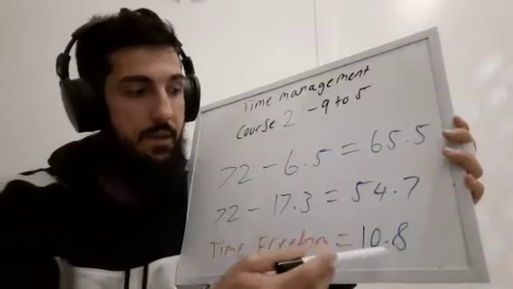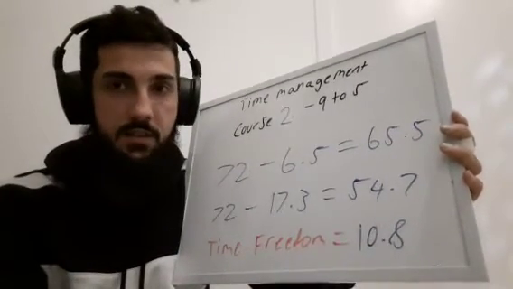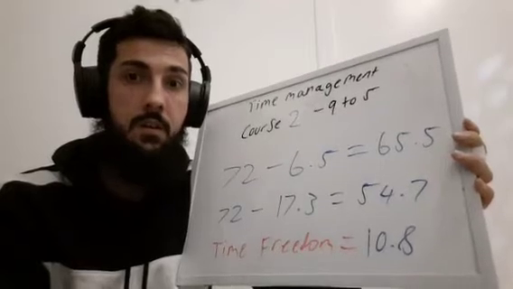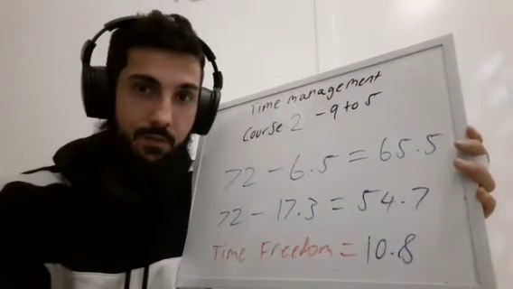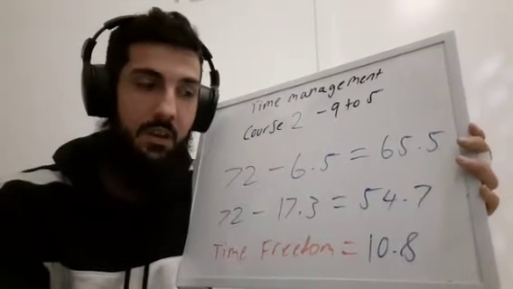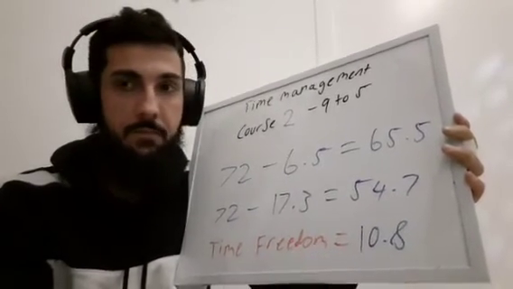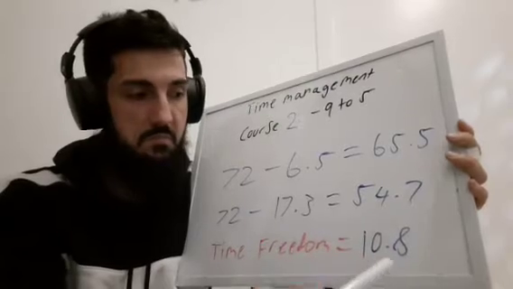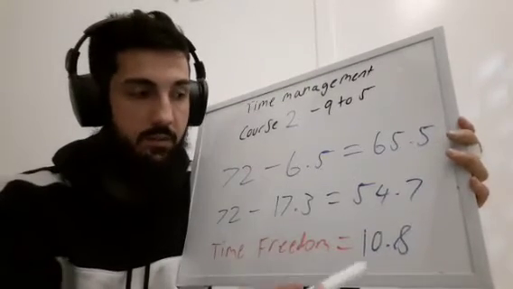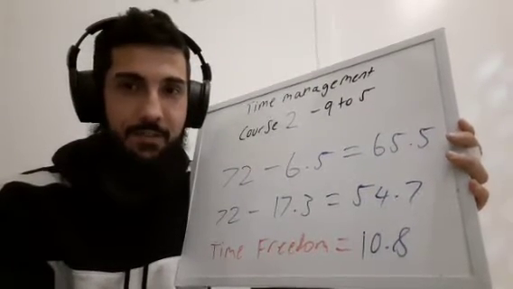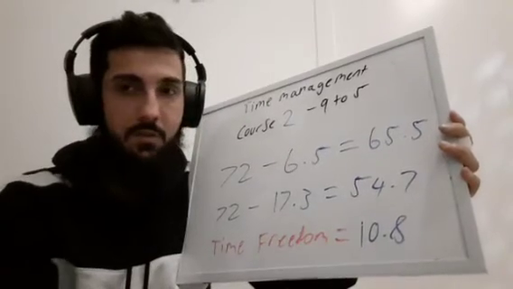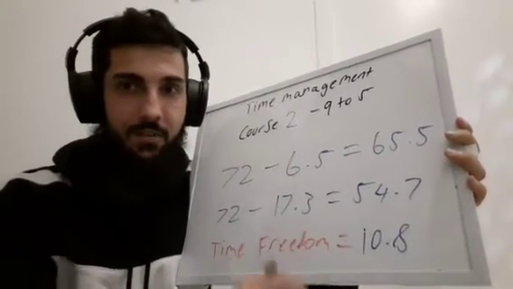Because of that, I have 10.8 more years to work on myself rather than the 9 to 5 job, to travel the world, build a family, read, and have free time where I can teach you my other courses unrelated to the 9 to 5.